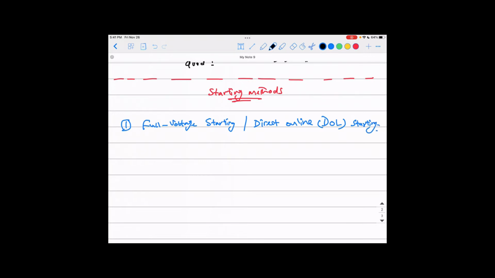What is this method? Long story short, we don't use anything to reduce I starting. What?